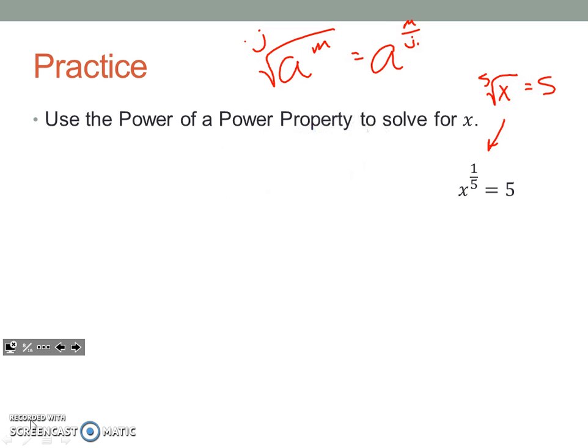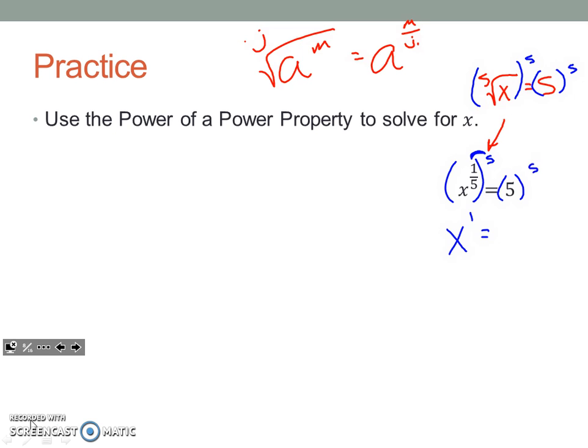So same rule as if it's a 5th root, I'm going to need to take both of these to the 5th power. Now, if I'm taking this to the 5th power, this is a power to a power rule, so I'm going to have to multiply those two together. What's 1/5 times 5? Well, that's just an x to the 1st power. So I'm going to take it to the 5th power here as well.